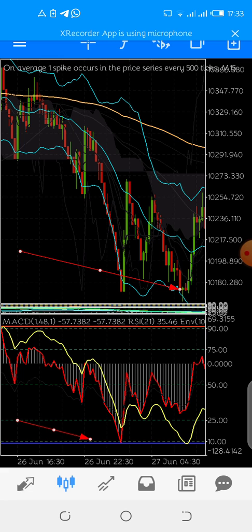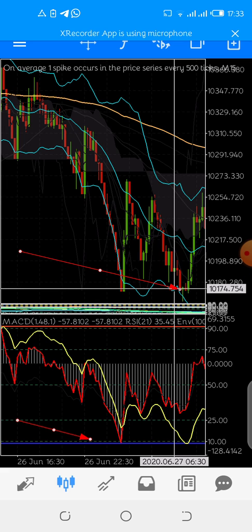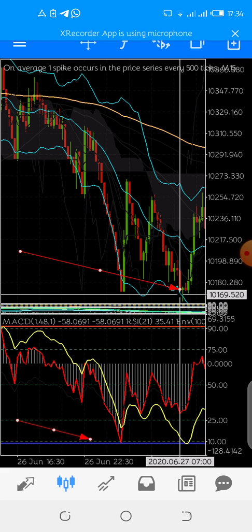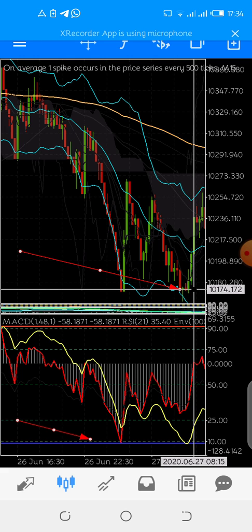If you were to place a line, the first point where we took our first signal is the same line it has reached again, and the Bollinger Band here is acting as a resistance at this area. Your moving average 5 is also touching level 10.